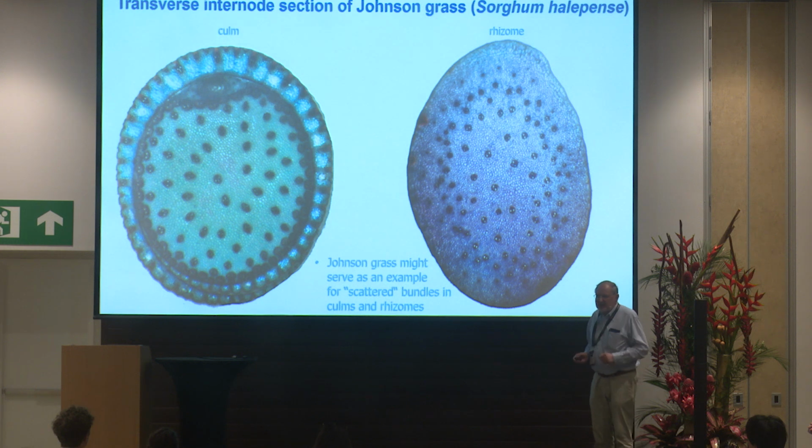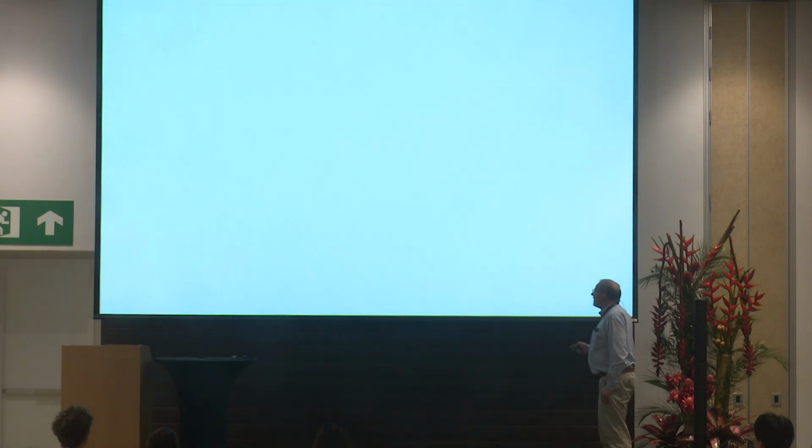You see something similar with itch grass, which I think grows in this country, Rottboellia, and maize looks similar.